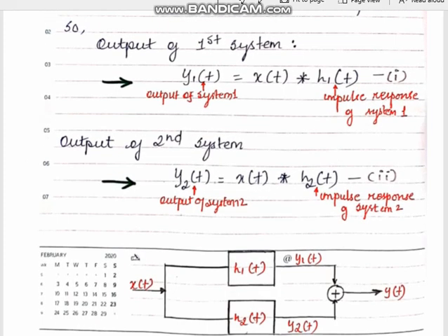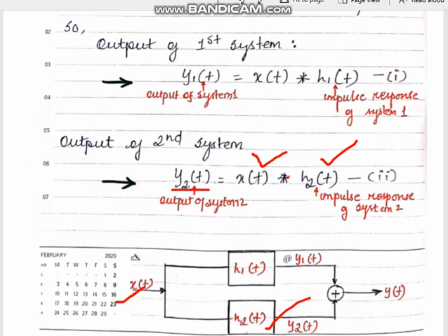Similarly, try to represent the output of the second system, denoted by y2 of t. Again, input signal convolved with impulse response. The input signal is x of t and the impulse response is h2 of t. Hence x of t convolved with h2 of t gives you y2 of t.